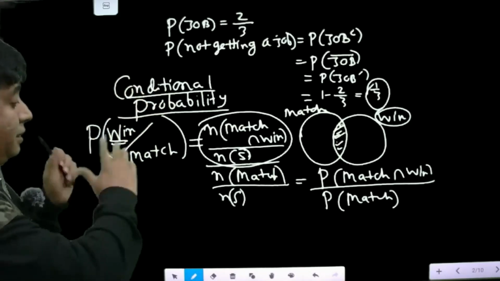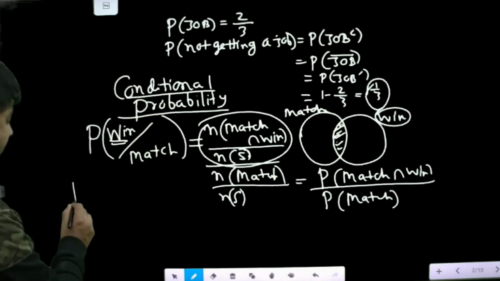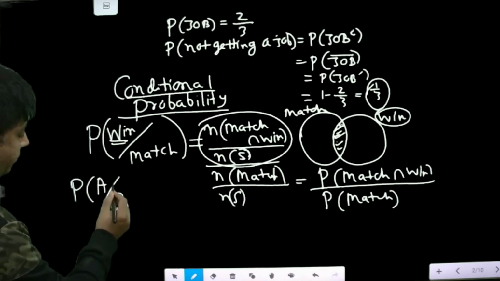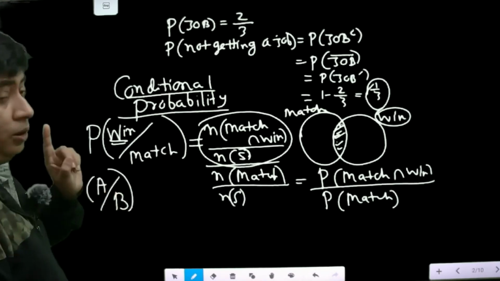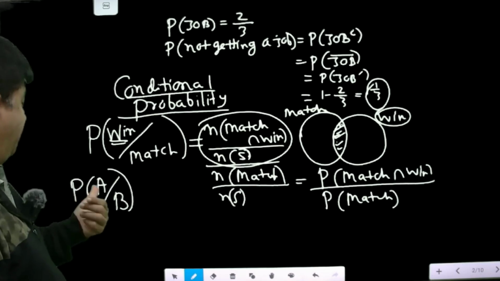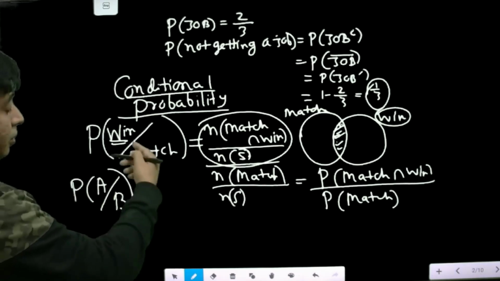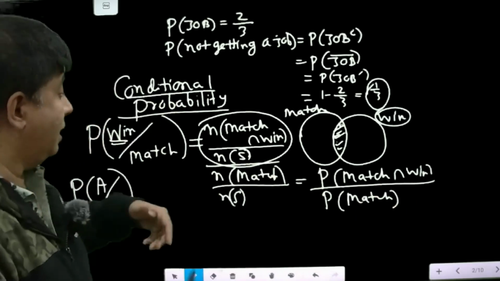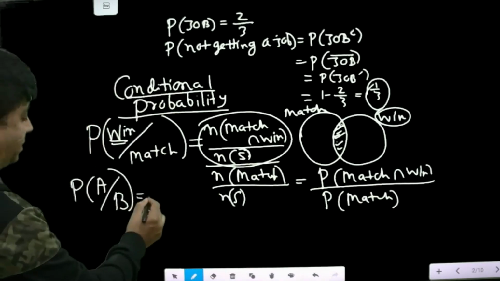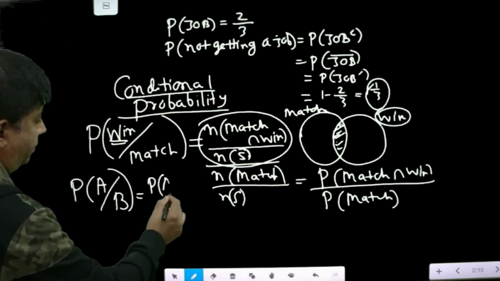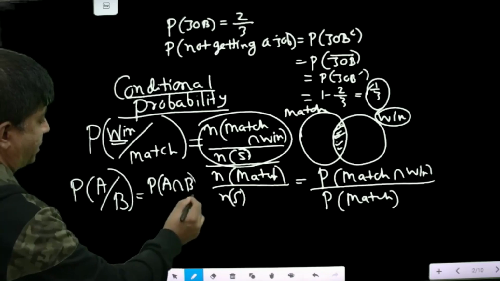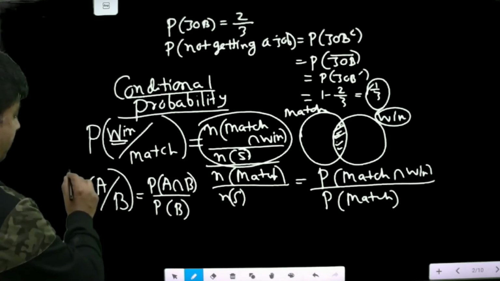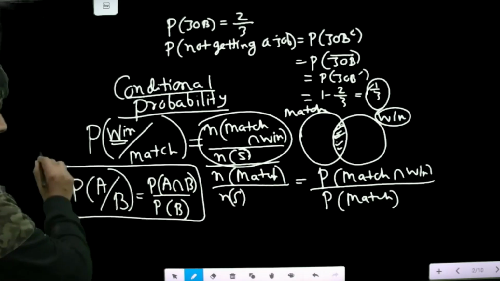So if I generalize it, see, A stroke B. This is called A stroke B. A depends on B. So keeping parity with that example, the generalization states as what? P(A intersection B) divided by P(B).